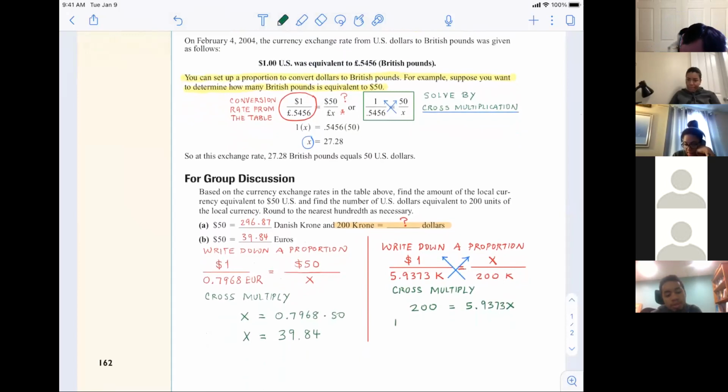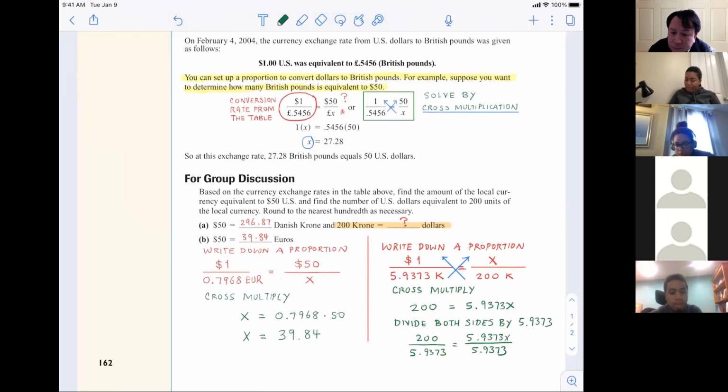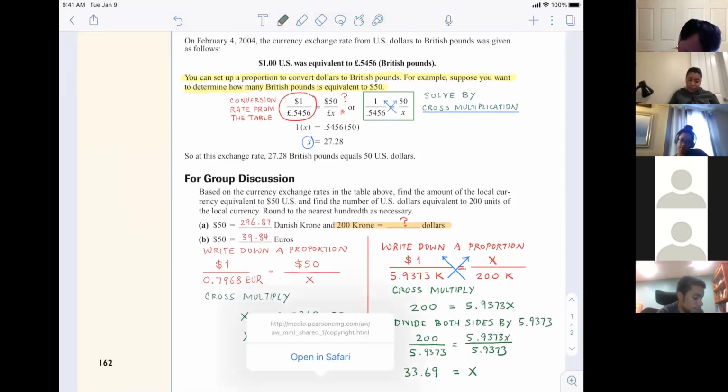And we need to divide both sides by 5.9373 to finalize the answer. The amount of US dollars that you get back in return is 33.69, and that is in US dollars.